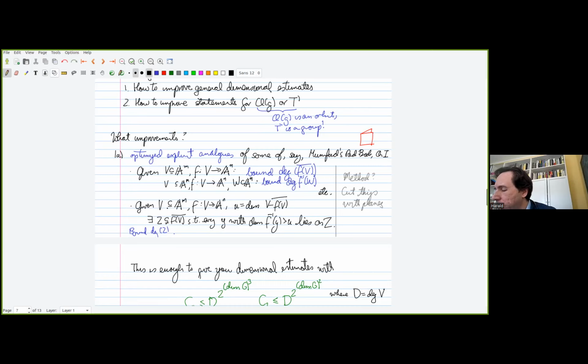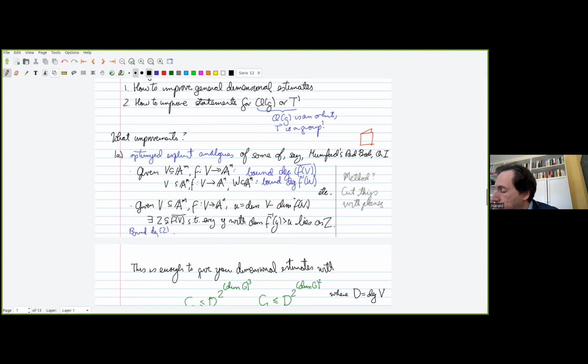Then you have a variety, and a map, a morphism from the variety to some other affine space, and you consider the difference in the dimensions: the dimension of the domain minus the dimension of the closure of the image.